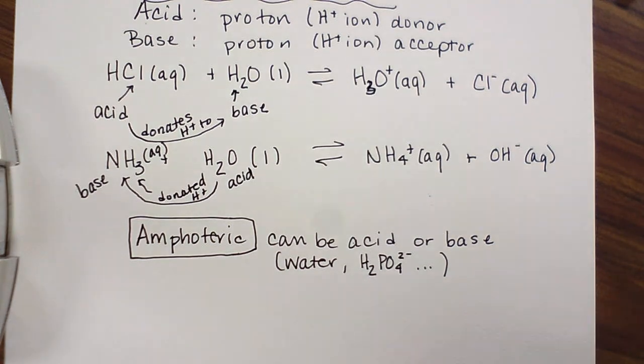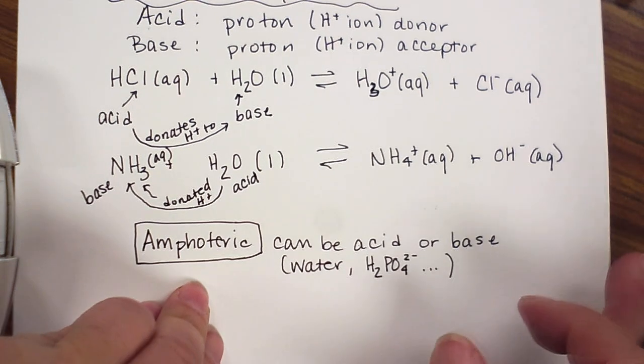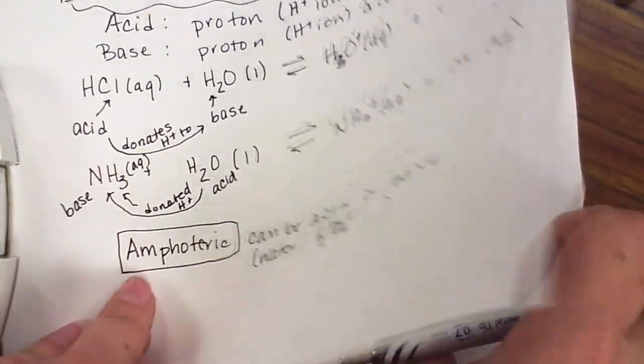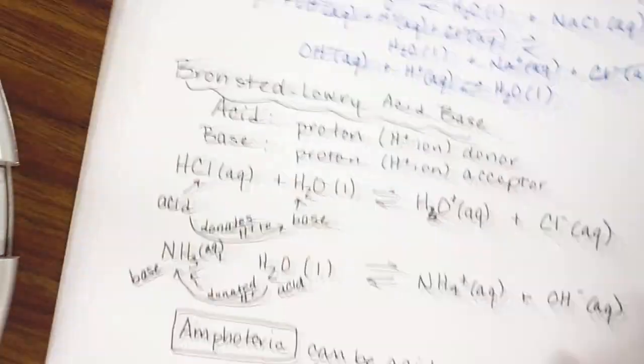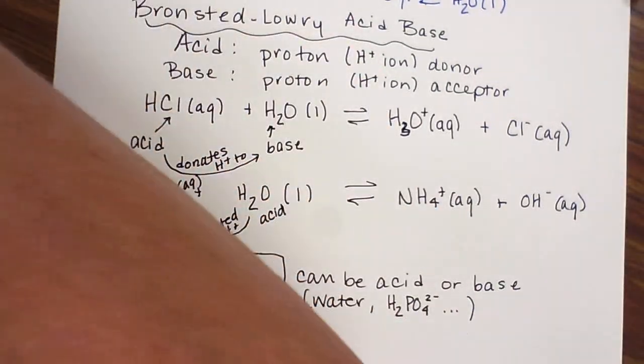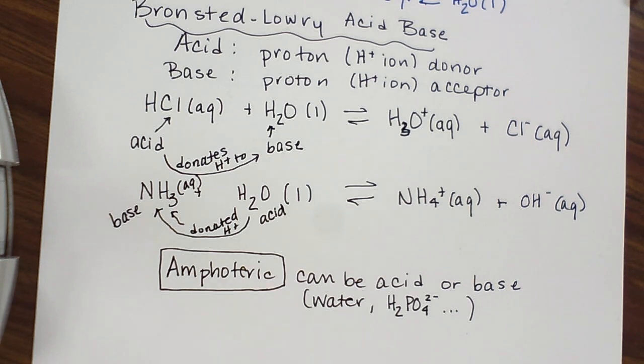All right, now let's move back up to our hydrochloric acid reaction. And I want to show you something. In Bronsted-Lowry equations, on the reactant side, they always have an acid and base. And then on the other side, they have a conjugate acid and a conjugate base. And this is what happens after the reaction has taken place.